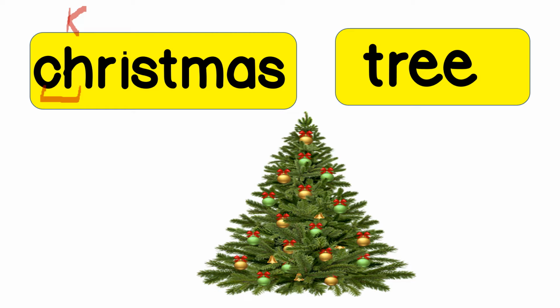Then we hear R. Put them together, and we hear the same sound that C and R would make, kr. We add the short I sound, kri, then the S sound. Chris. The T is silent.